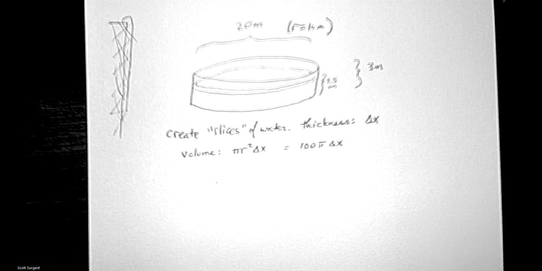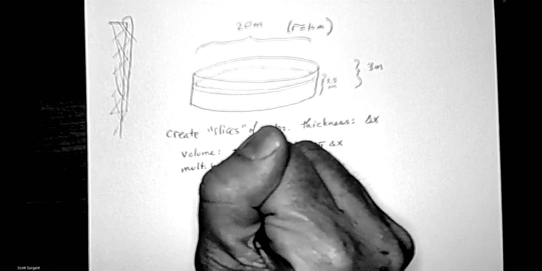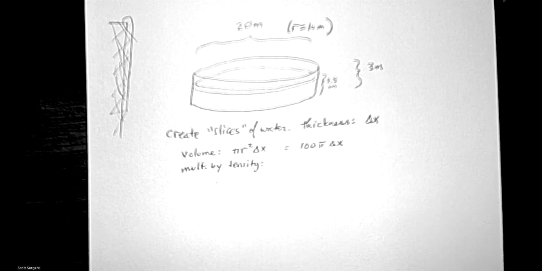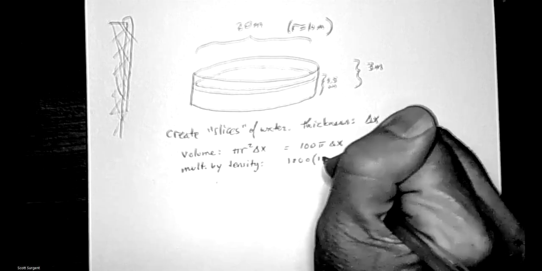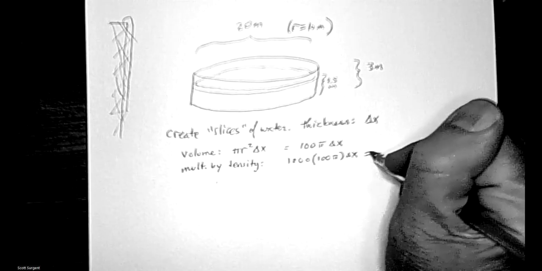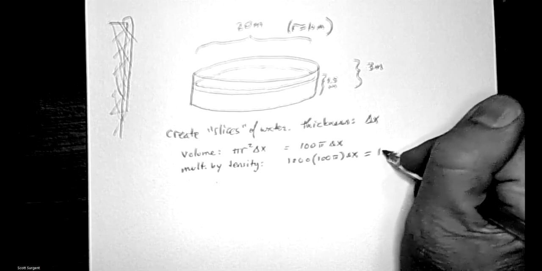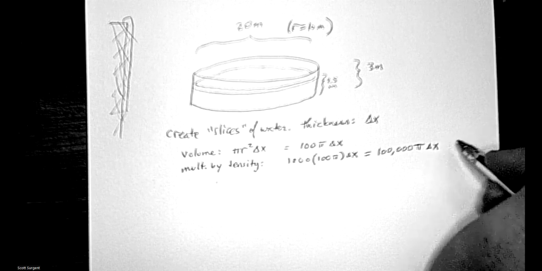Now I need to multiply it by the density to get the weight, or the mass, I should say. So that's where the 1,000 comes in. We're getting a big number here, 100,000 pi delta X.